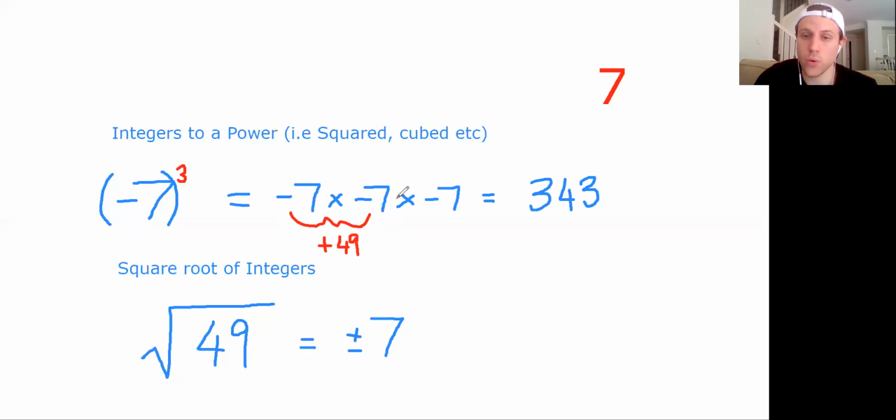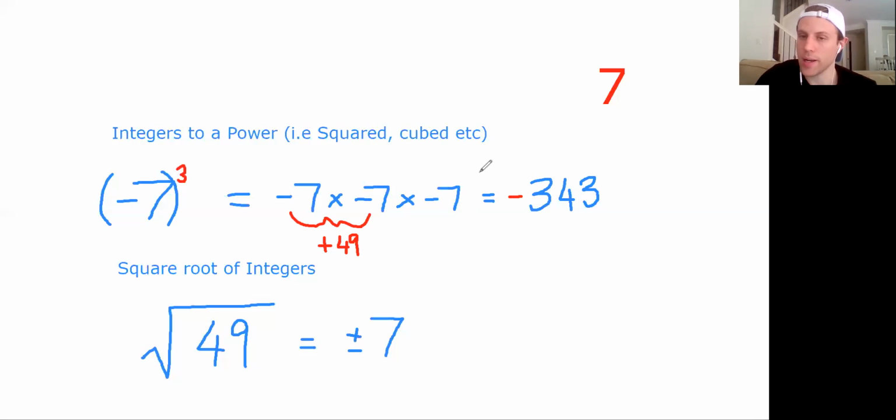So we would say positive 49 times negative 7. Well, I know that negatives are powerful, so a negative overrides the positive and makes my answer negative. So I'd end up with negative 343. So a negative times another negative times another negative must be a negative number.